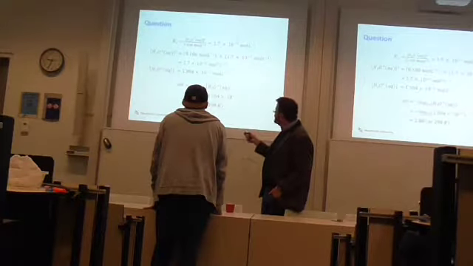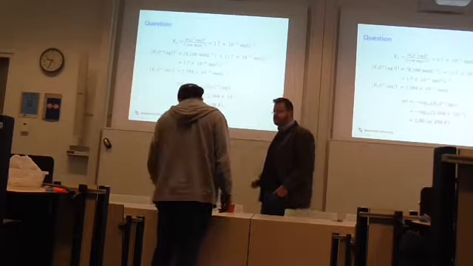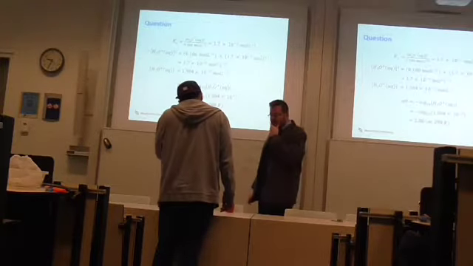Square root gives you 1.3 times 10 to the minus 3, and the negative log of that is not a half, it's a square root. I don't know why you use a half.